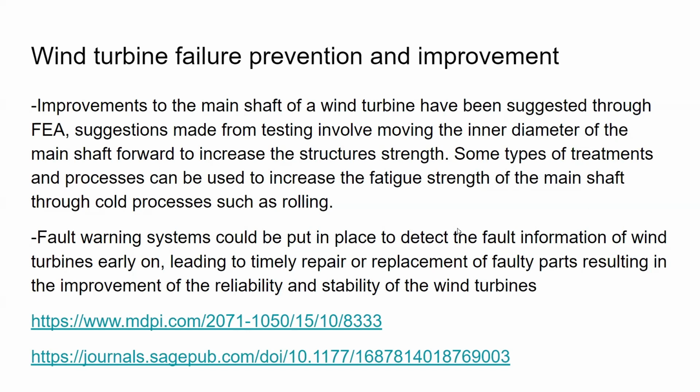This could lead to timely repairs or replacement of faulty parts, and thus results in improved reliability and stability of the wind turbines. And overall, these two different approaches, finite element analysis and fault warning systems, were discussed in these two links below.